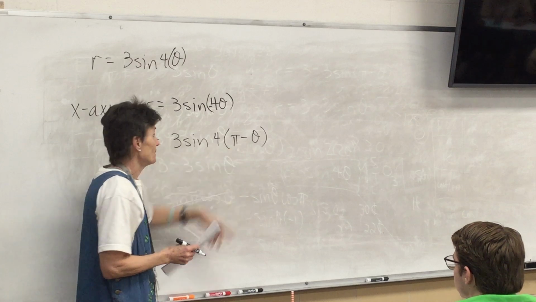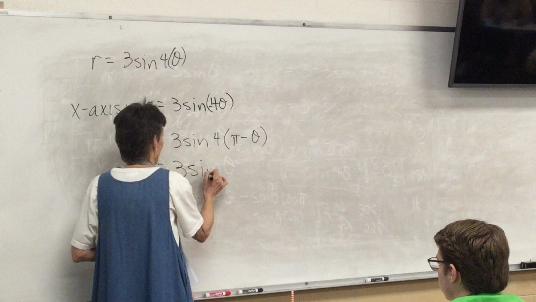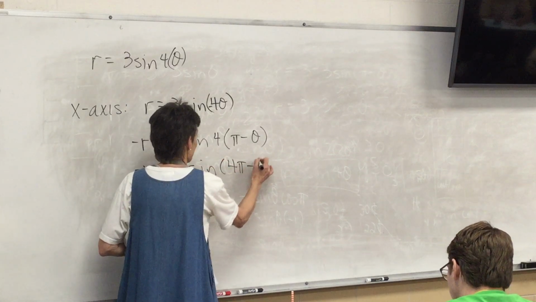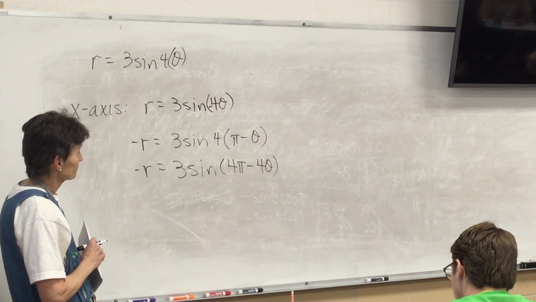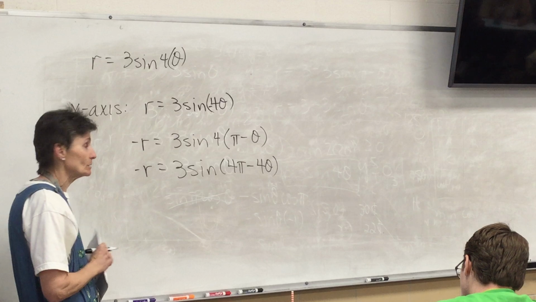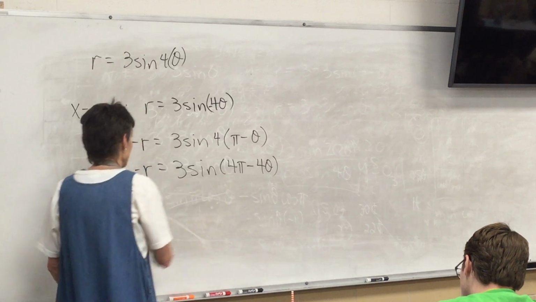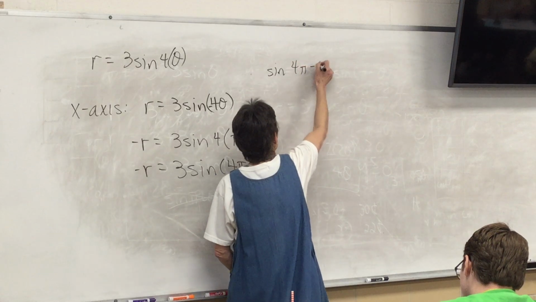Okay? So now we've got negative R equals 3 sine 4 pi minus 4 theta. Okay, here we go. We got to figure out what that is. Sine 4 pi minus 4 theta.